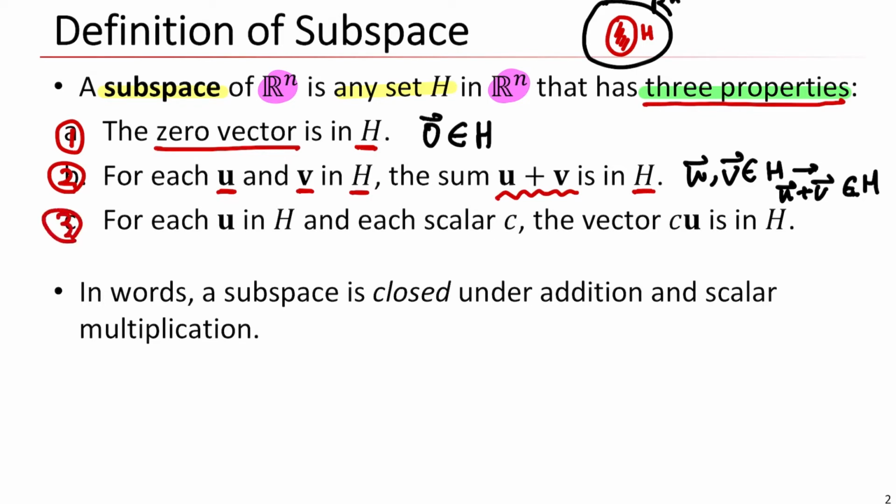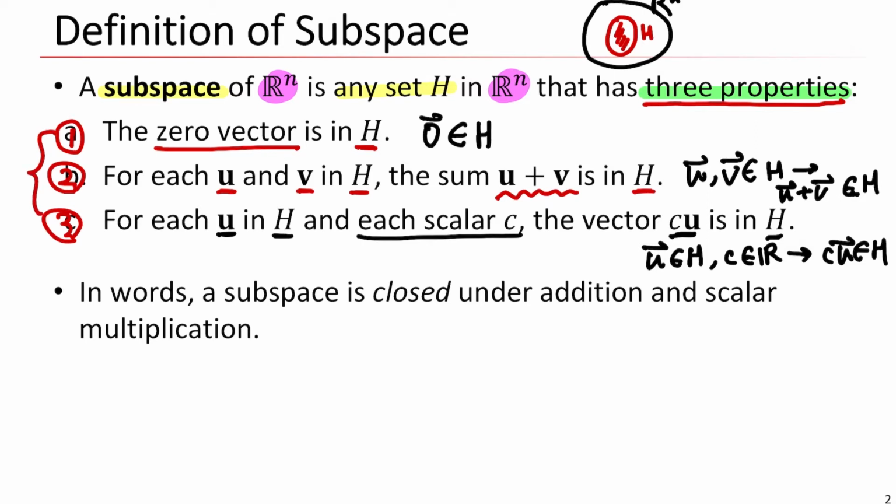The third property is that for any vector u in H and each scalar c, the vector c times u is in H. Vector u is in H and c is just a scalar value, then c times vector u is also in H. So every subspace must satisfy these three properties.